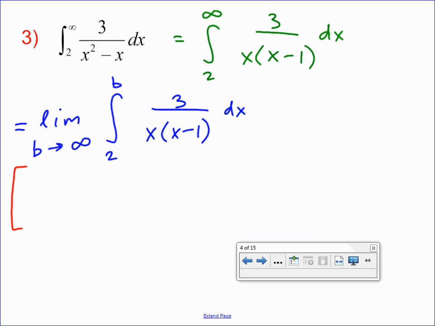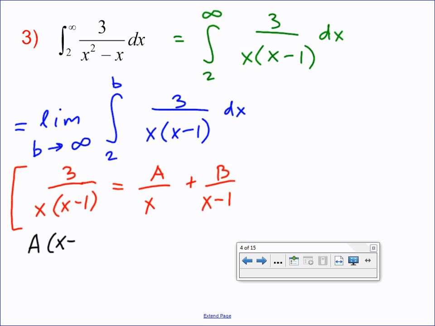We know that this original fraction, 3 over x times quantity x minus 1, can be represented by the sum or difference of individual simpler fractions, a over x plus b over x minus 1. And if I were to create a common denominator here, it looks like a times x minus 1 plus b times x must simplify to give me the 3.